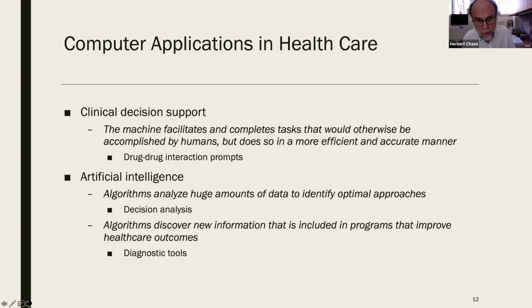There are so many moving parts that a human is incapable of optimizing a decision, whereas an algorithm could be if it's good enough. Certainly that applies to diagnostic tools as well. The computer can analyze hundreds of attributes that improve diagnosis, and again, a physician is not able. So I'd like to make this distinction between what I can do, but I'd rather have a computer do it, and what I can't do, and I need a computer to do it.